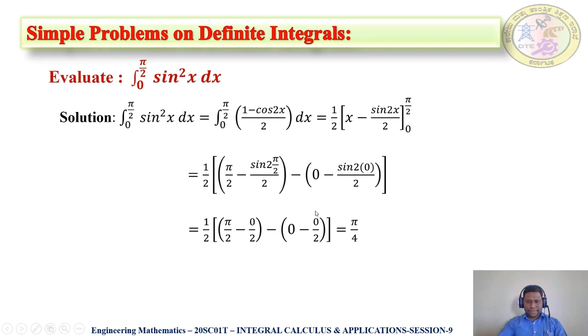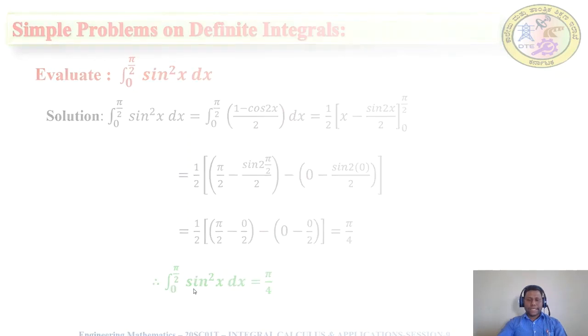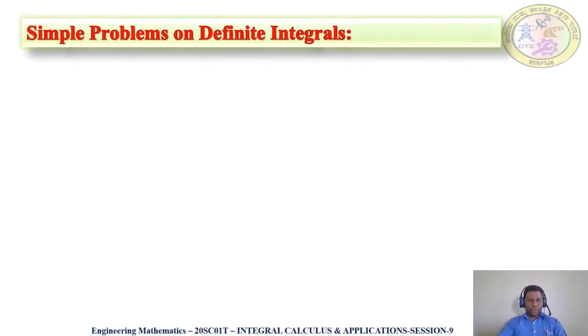So this term becomes 0, this term becomes 0 and this term becomes 0. It remains with 1 by 2 into pi by 2. Therefore we get the answer pi by 4. That is the required solution. Therefore integration from 0 to pi by 2 of sin square x dx equals pi by 4.